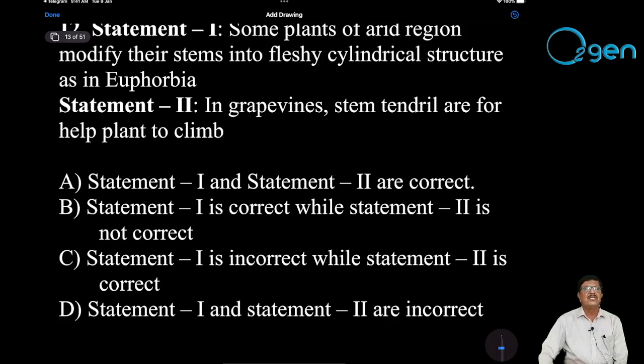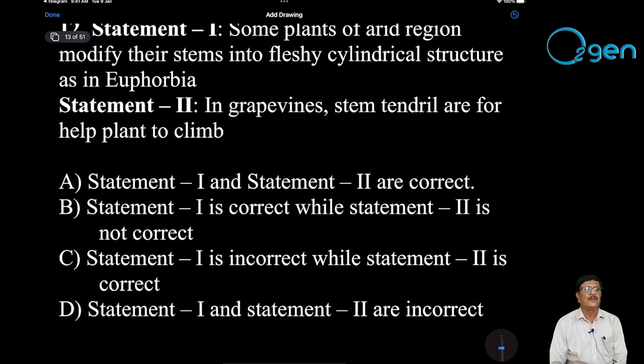In arid regions, to retain the water in the plant body, the stem is modified into fleshy and cylindrical. In statement 2, in grapevines, the stem tendrils help the plant to climb. In the modification of the root, there are climbing roots. Example, grapevine. They help in holding hard objects and extending for further growth.